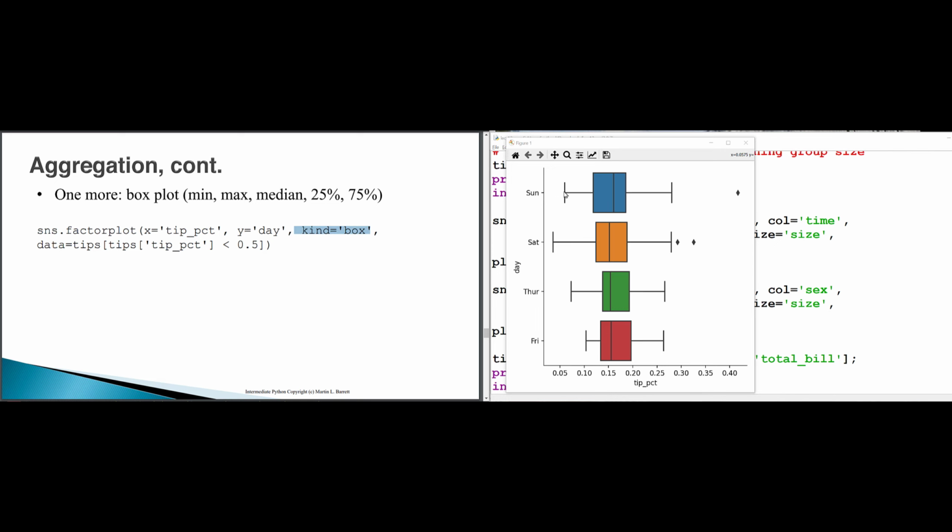All right, so on Sunday, apparently the lowest tip percentage that was actually given looks like it was around 7%. So we can't go below 7% if that was the lowest value that was seen.